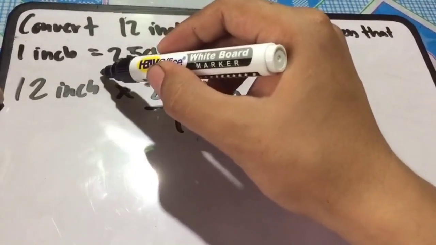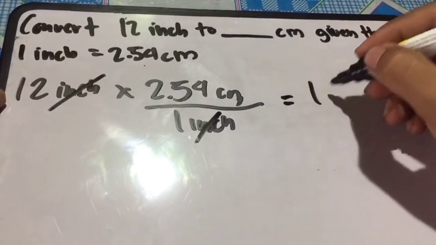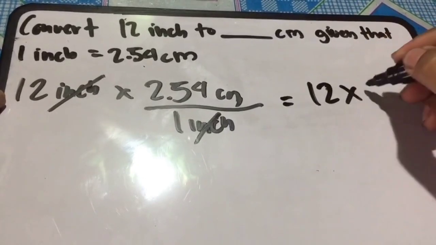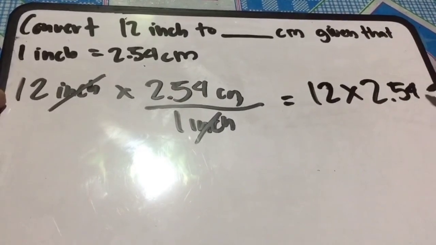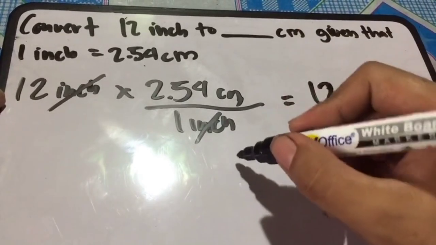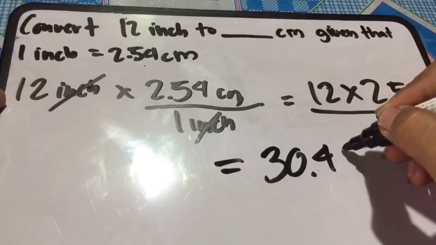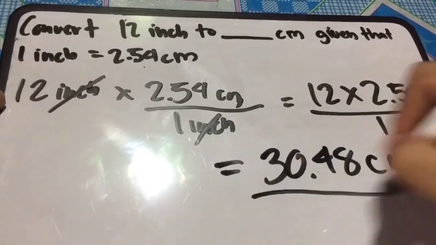Now, let us cancel the inch and inch, and 12 times 2.54 cm over 1, which is equal to 30.48 centimeter, and that is the final answer.